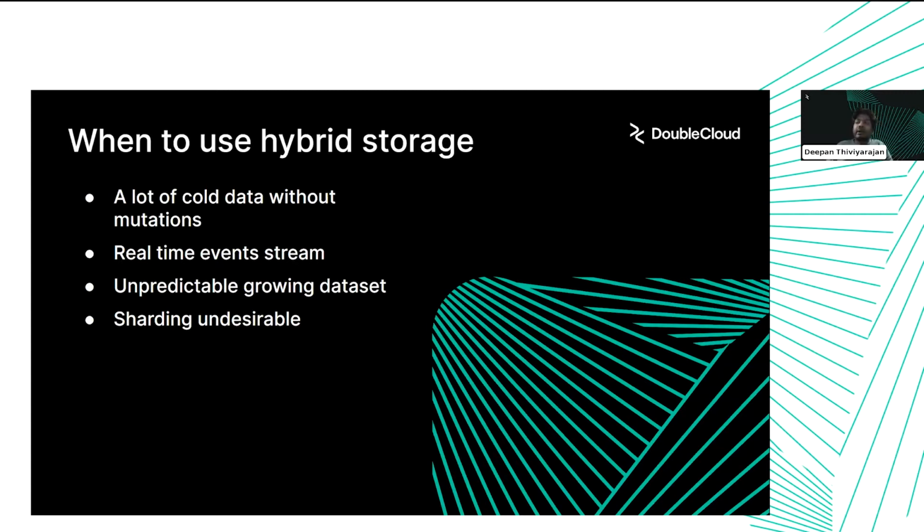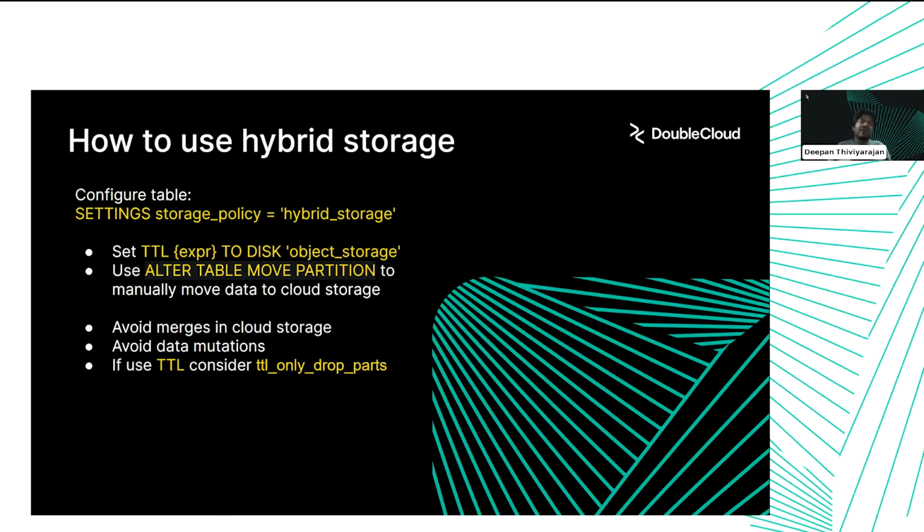Thanks, Gregory. I think you also have some technical information on how to use it, right? If you can share some insights around it, that would be useful for our audience. Yeah, it's really easy to enable hybrid storage. For a single table, just set the storage policy setting equal to hybrid storage, or alter your table. And that's all. Hybrid storage already works.